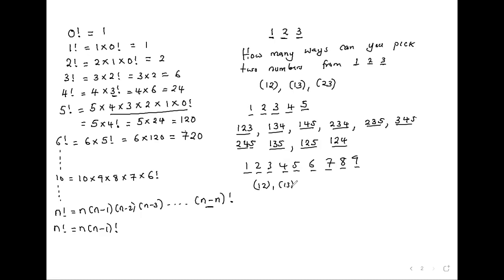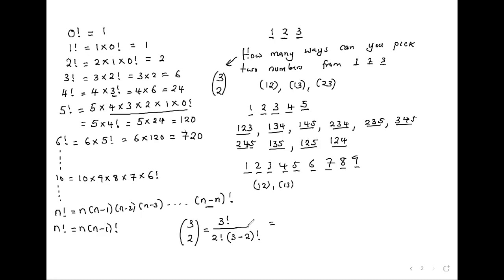So if we go back to this setup, we have three numbers to pick from, and we are picking two numbers. Because that's how we write it mathematically. To calculate this, we say 3 factorial on top, and then 2 factorial down, and then 3 minus 2 factorial.